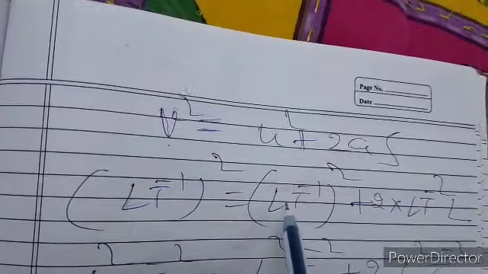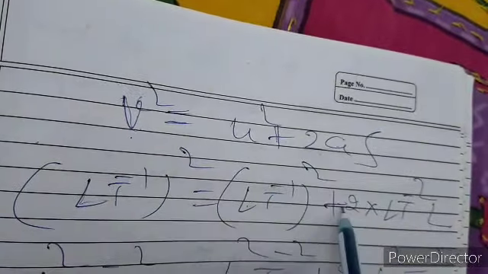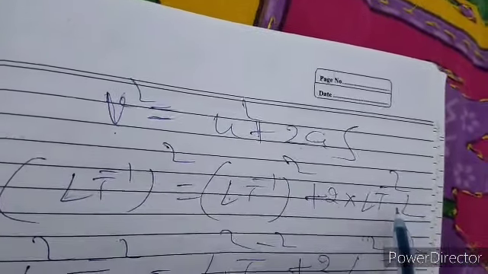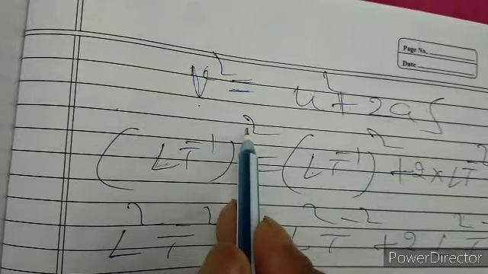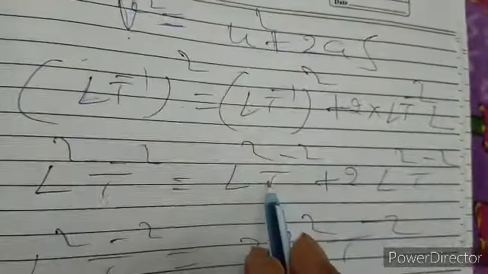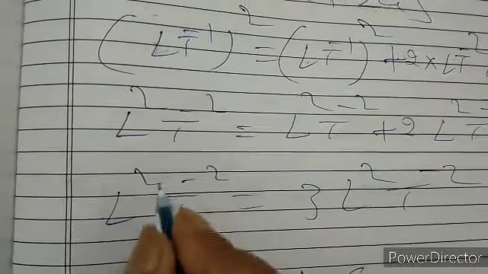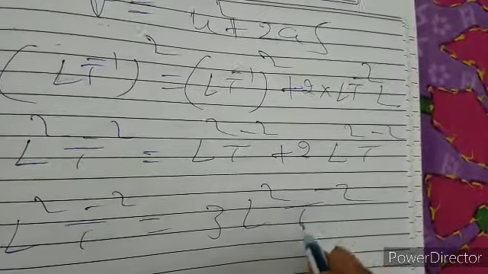This is again initial velocity, with dimensional formula (LT^-1) whole square, plus 2a, where a is acceleration LT^-2, and s is L. Now this is L into L square T^-2. So L square T^-2 is equal to L square T^-2 plus 2 L into L square T^-2, hence L square T^-2 equals 3 L square T^-2.